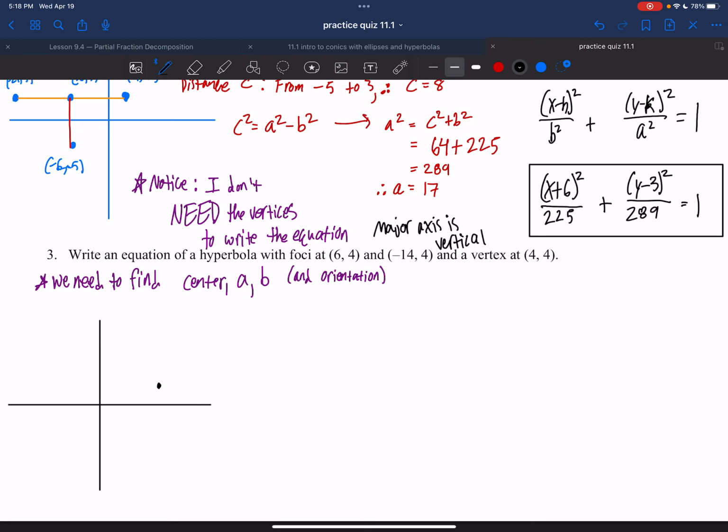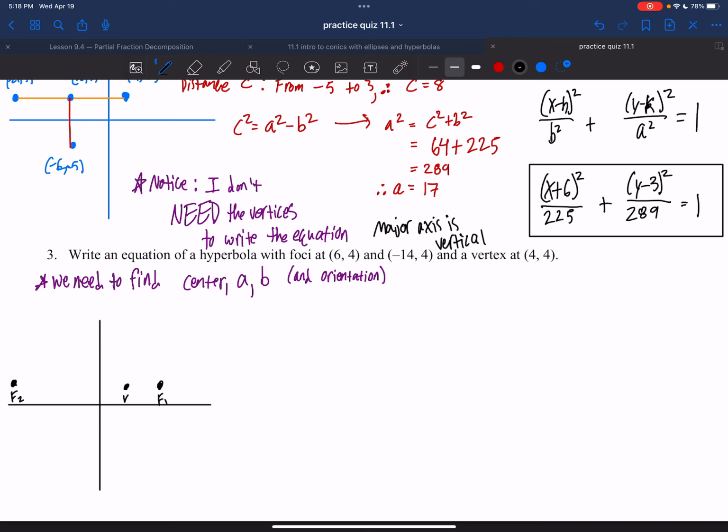And negative 14, 4, about here, because that's roughly where they might be. And those are the foci. I'll call that F1, and that F2. And there's a vertex at 4, 4, somewhere here. I'll call that my vertex V.